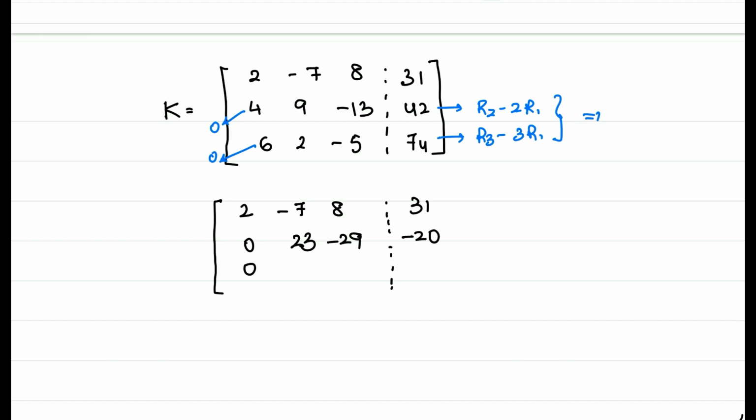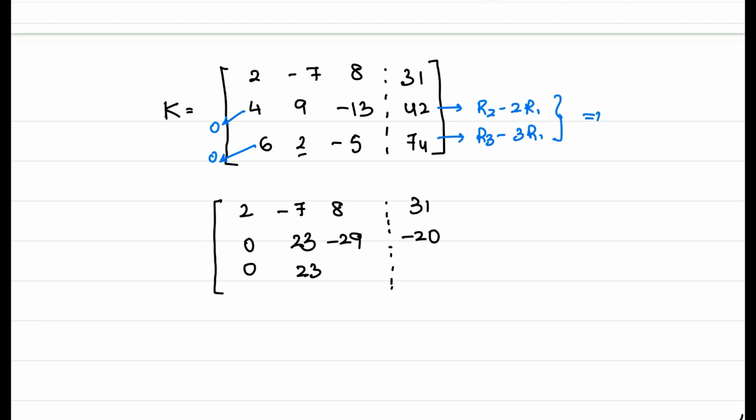Now, the third row will come. R3 minus 3R1. R3 is 6. 6 minus 3 into 2 is 6, 6 minus 6 is 0. In the second column, 2 minus 3 into minus 7 is plus 23.